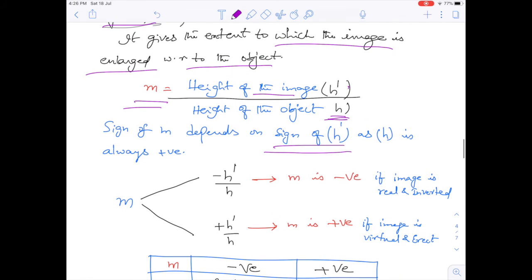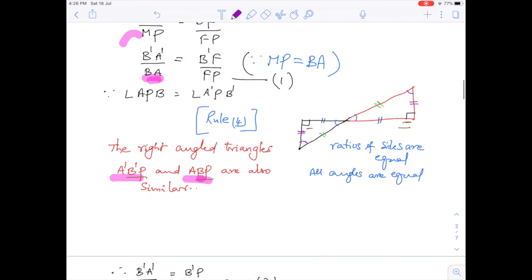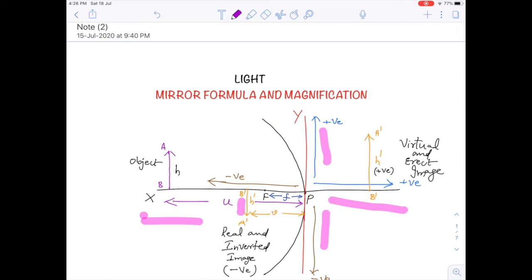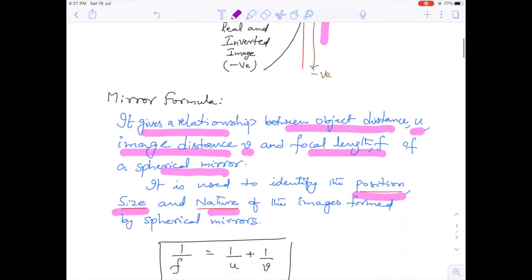And if the image is virtual and direct, then image will be like this, that we have seen in the beginning. So, it is above the principal axis, it is behind the mirror, and then it is erect. Therefore, it is positive. H dash will be positive.